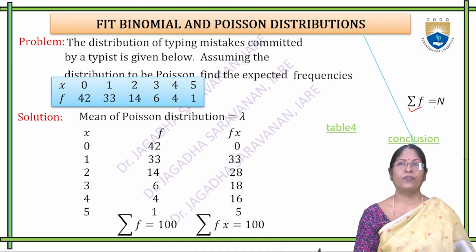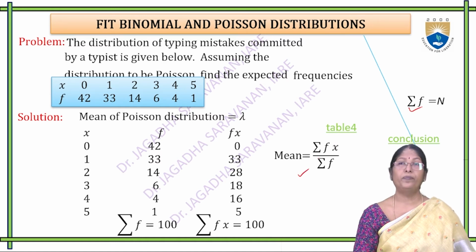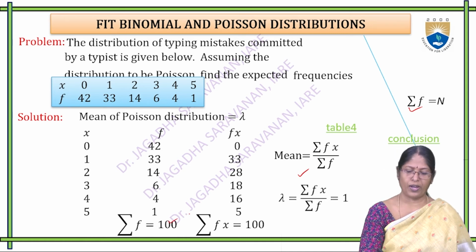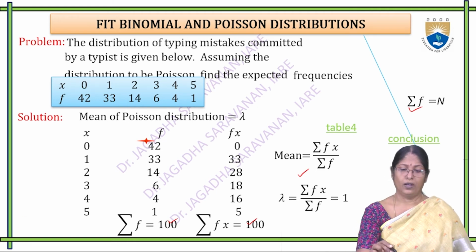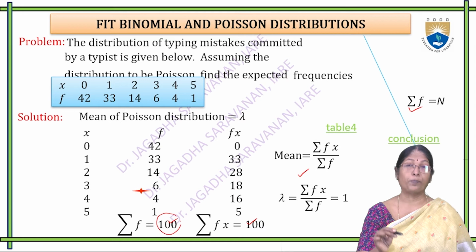So summation f is nothing but capital N. The mean formula is summation fx by summation f. So 100 divided by 100, which is 1. So we can see it completely. We have taken f as 42, 33, 14, 6, 4, 1. We added them and obtained this.